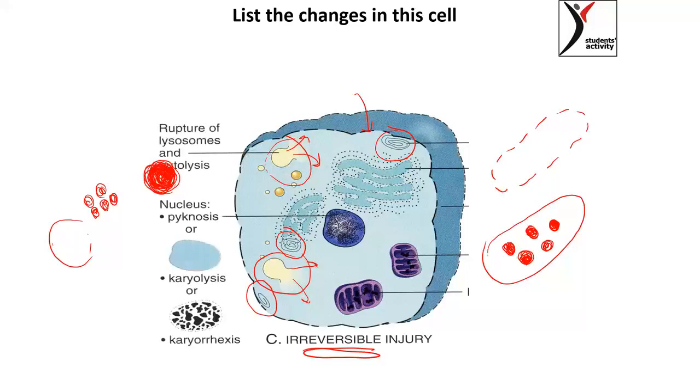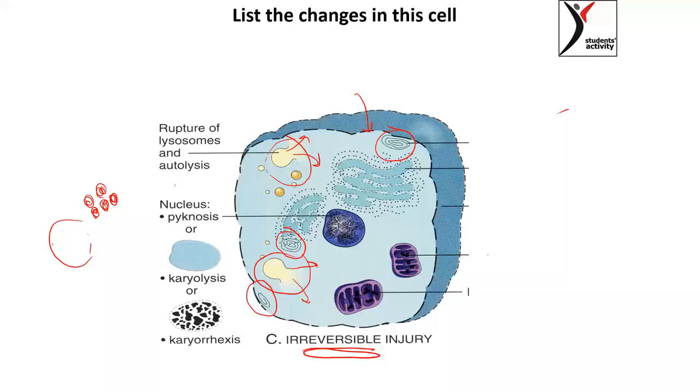So the changes here include what? They include rupture of lysosomes and autolysis. They include nuclear changes in the form of pycnosis, karyolysis, or karyorrhexis.